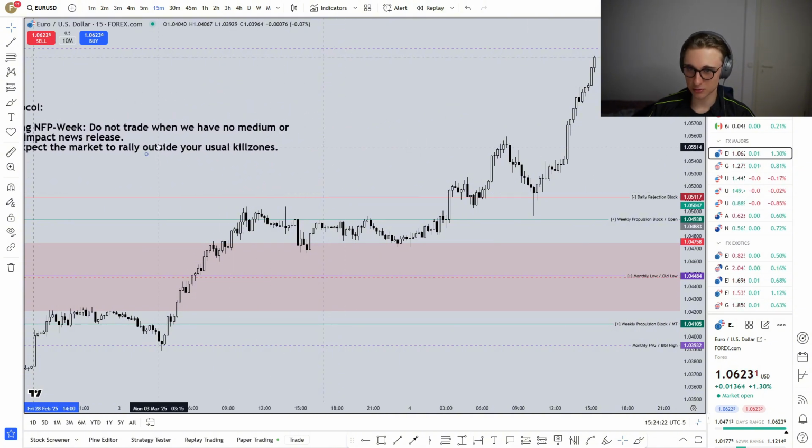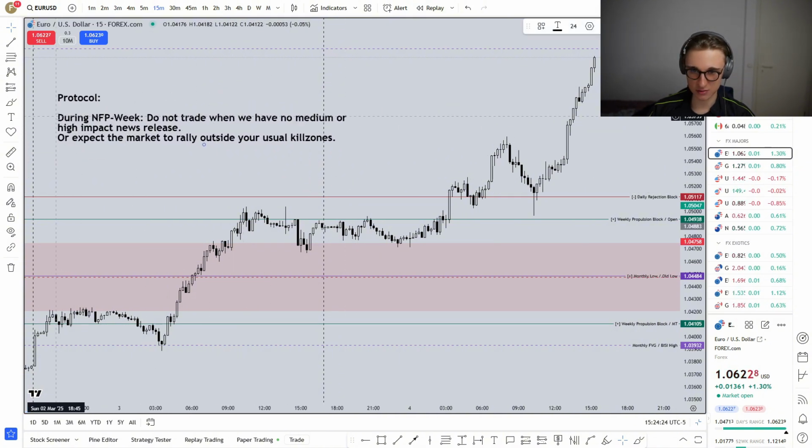That's basically the protocol. I just recommend you to not trade when we have no high or medium impact news release.